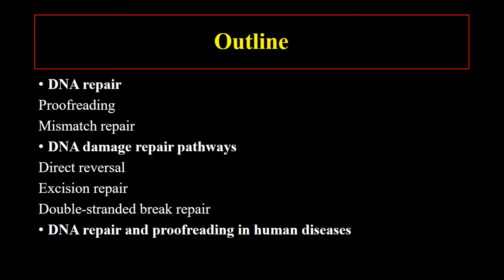And after that, we will talk about the meaning of DNA repair and proofreading in the course of human diseases. And after that, we will talk about the process of protein biosynthesis, about the stages of protein biosynthesis. So let's start.